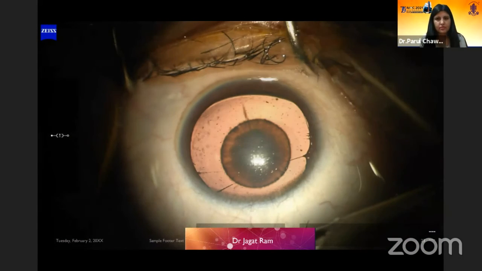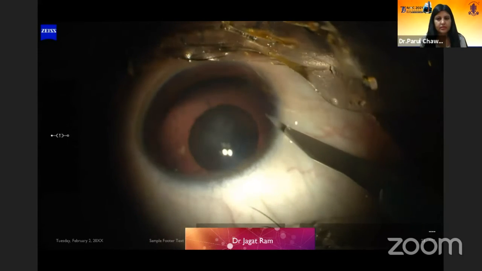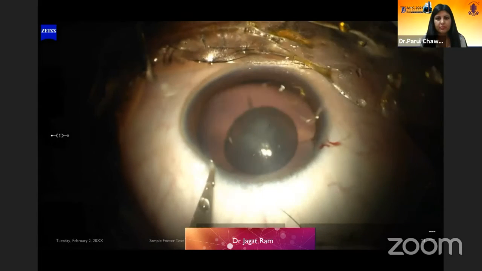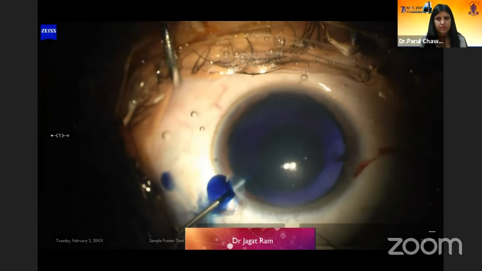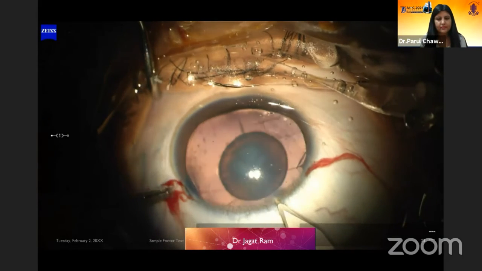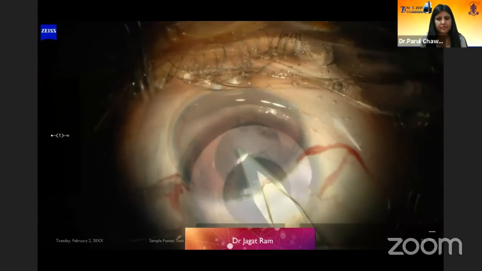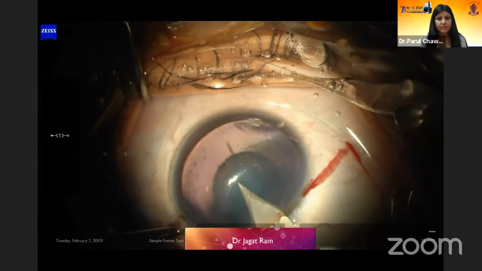This is also a case of pediatric cataract with a zonular component along with the persistent pupillary membrane. Side ports were made. Viscoelastic was injected after staining the capsule. The main port was made.